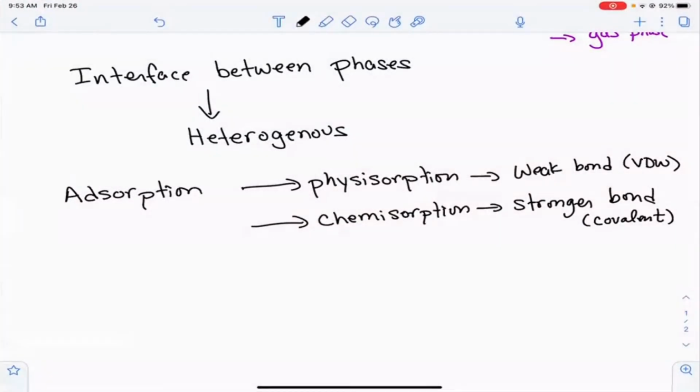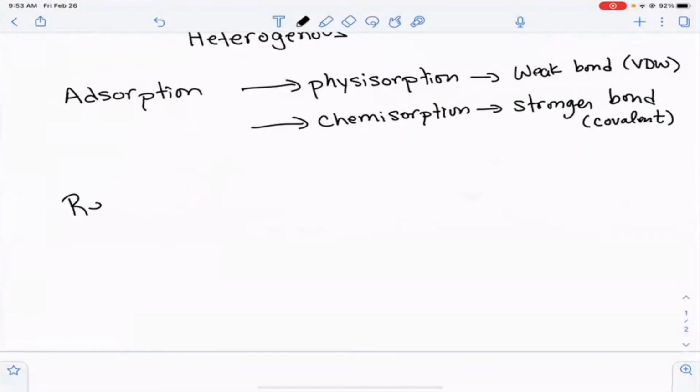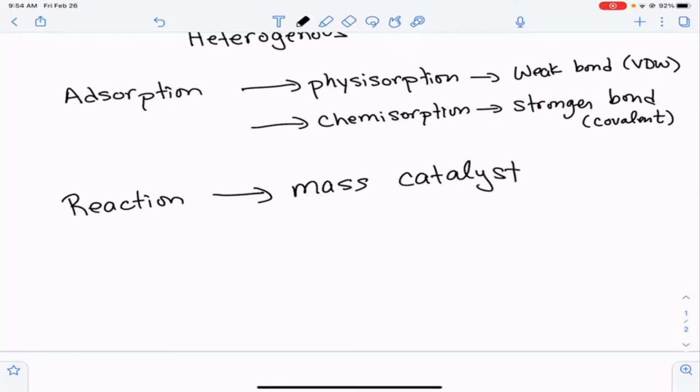Now, that means that our reaction rate is now a function of really two other things, right? It is a function of the mass of the catalyst that's there, okay? But if the reactions are happening on the surface, it is also a function of surface area.